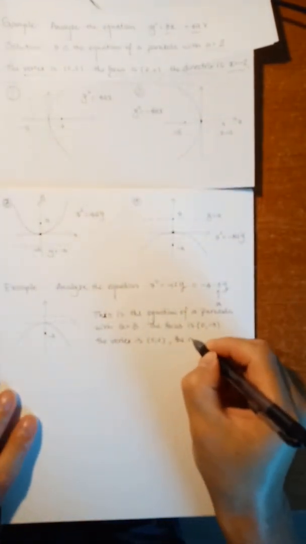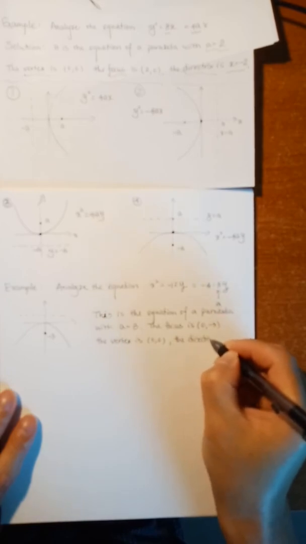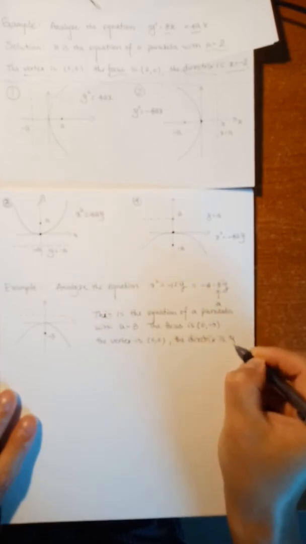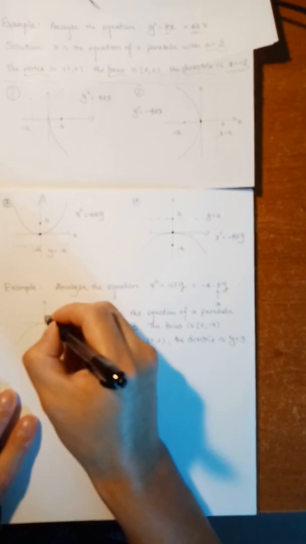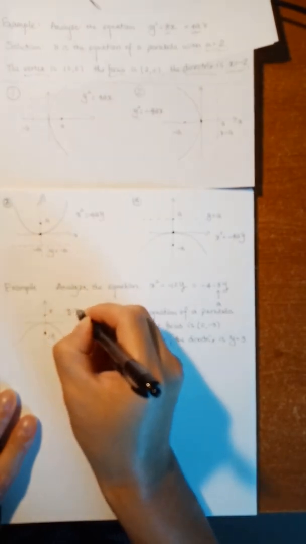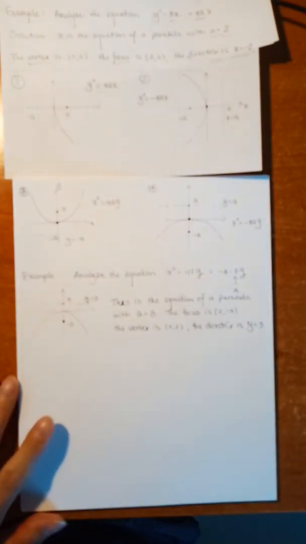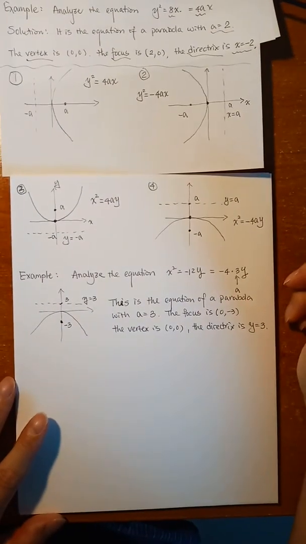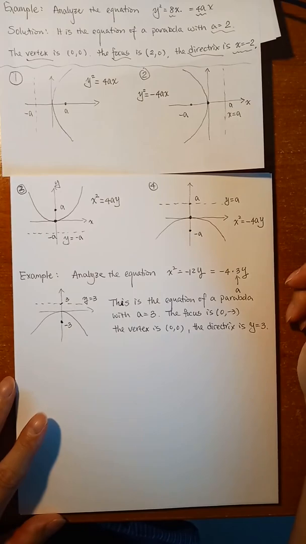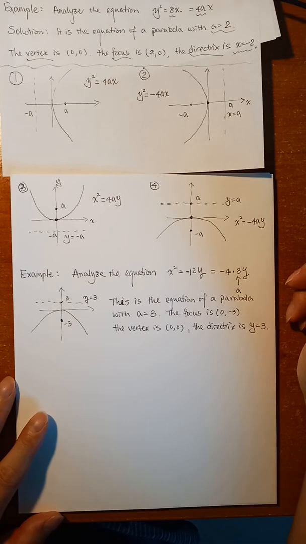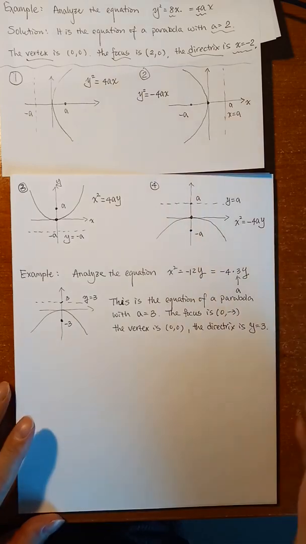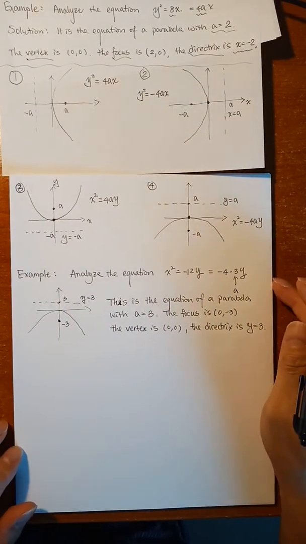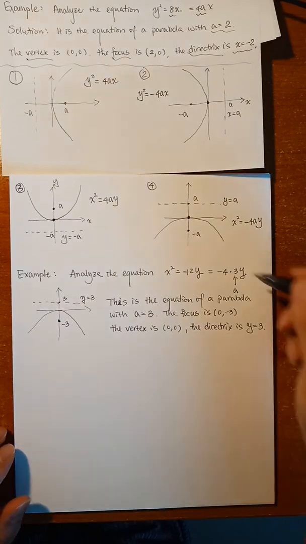The directrix is y equal to 3. This is 3. It's horizontal, y is equal to 3. Okay, so this is the analysis.